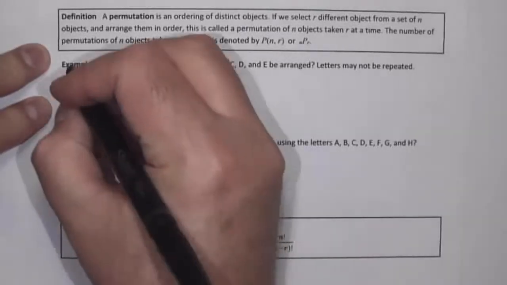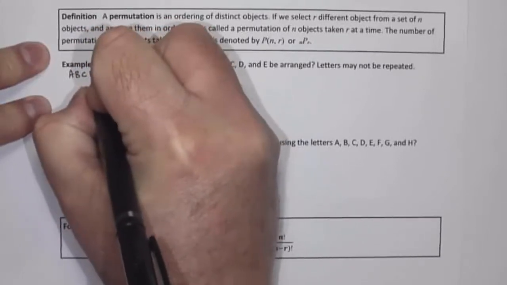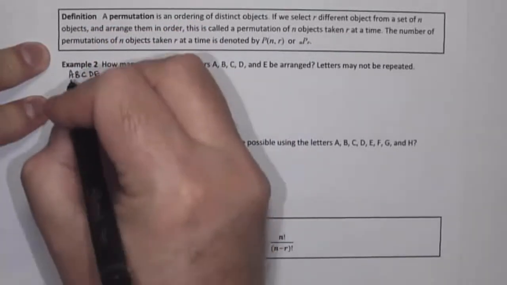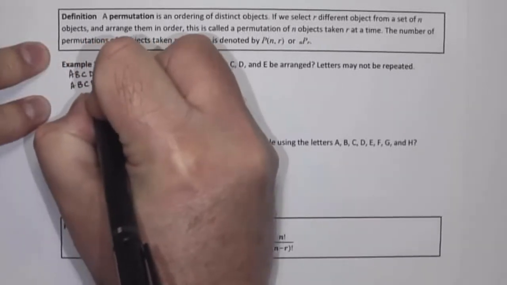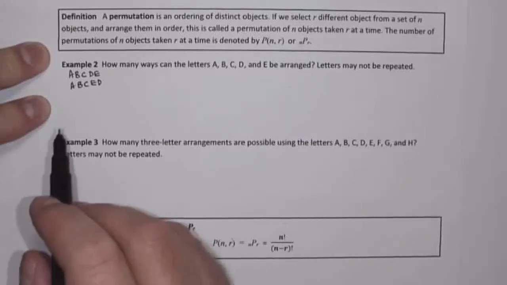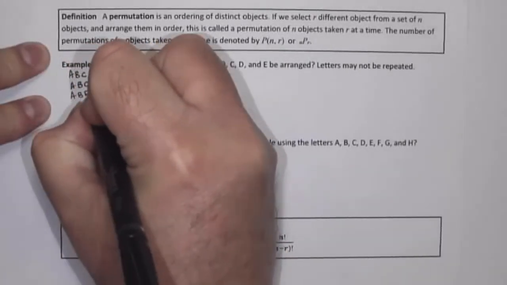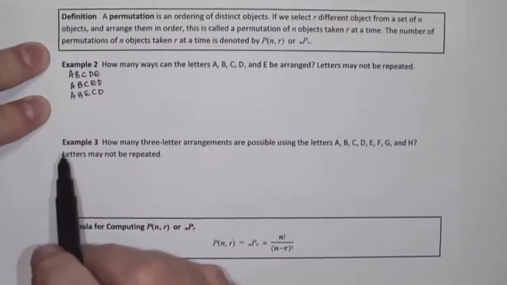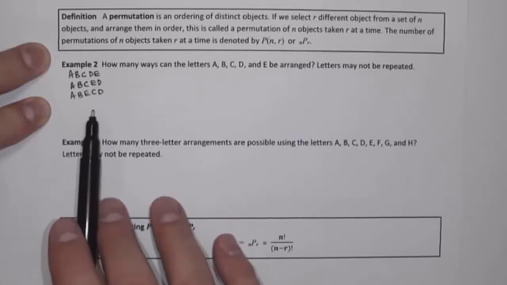For example, A, B, C, D, E would be one arrangement, or A, B, C, E, D would be a different arrangement, and so on. A, B, E, C, D would be a different arrangement, and so on and so on. And so we want to know how many different ways can these be arranged.